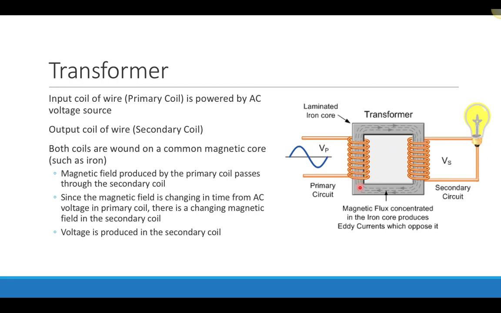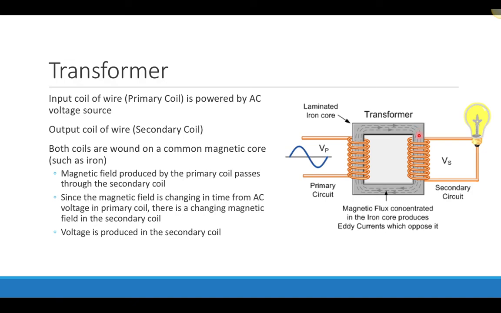But the idea is that this magnetic field that passes through the secondary coil, which came from the primary coil, is changing in time. It's getting bigger in one direction and then smaller, and then it changes direction, and it's oscillating back and forth, like taking a magnet and moving it back and forth in that coil.